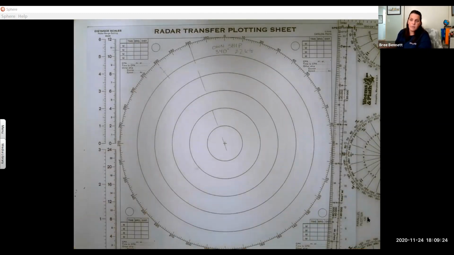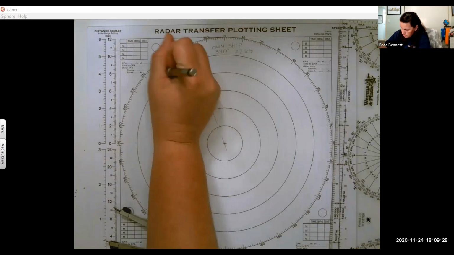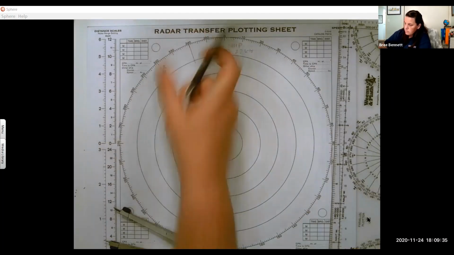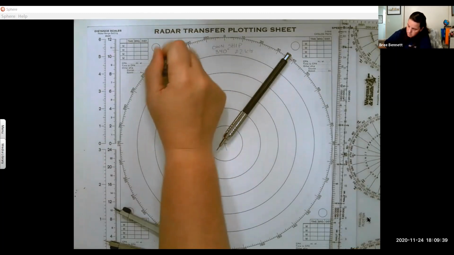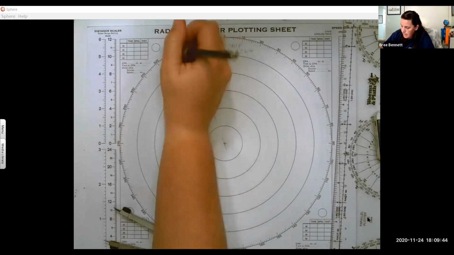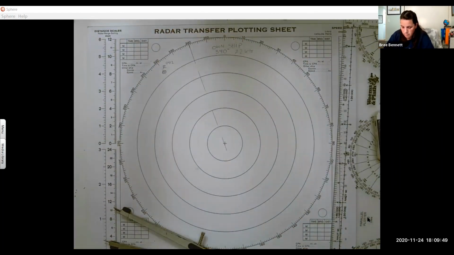And we label that one R. Okay, so that's our R. And that was at 4:12. Six minutes later, the contact is 321 at 8.4.